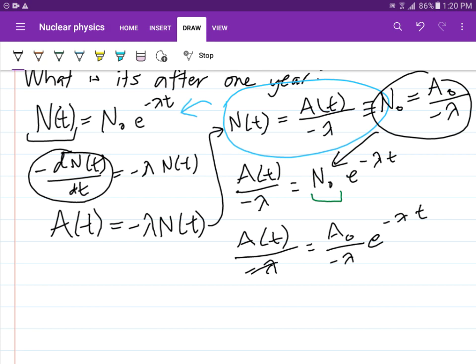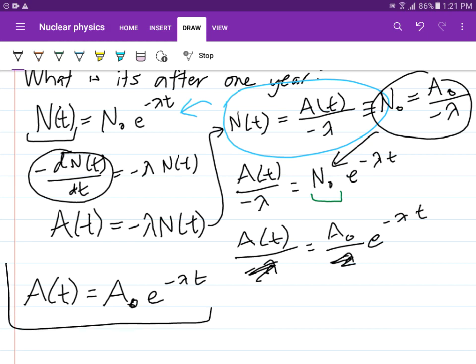And then minus lambda cancels out. So we have an expression for the activity as also an exponential decay. This equation is similar to N(t).